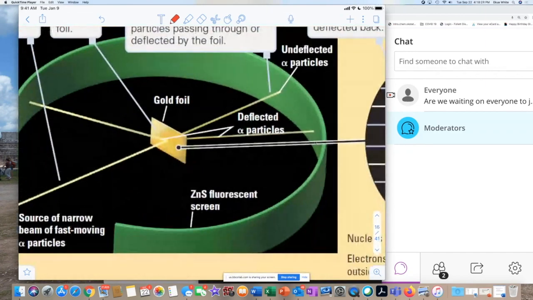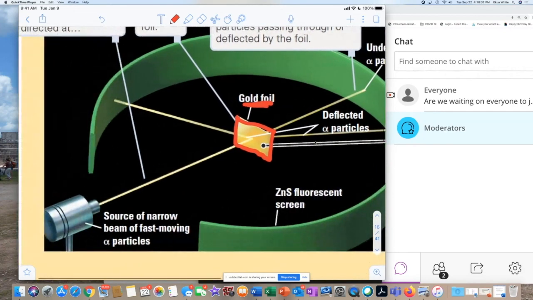He takes a piece of foil, not aluminum foil, it's a gold foil, but it looks like an aluminum foil, a very, very, very tiny piece. And then he passes a source of, it says here, fast moving alpha particles. All you need to know here is these particles were positively charged.